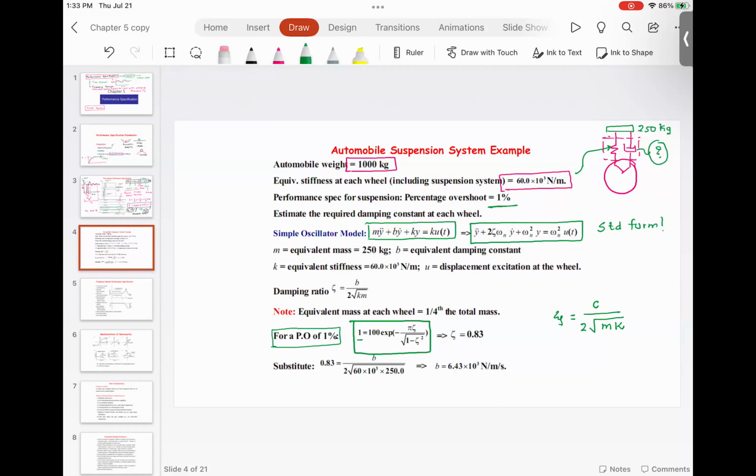Substitute 2, mass is 250, multiplied by 60 into 10 to the power 3, and then this is the value of C that you will get. Everyone understood this? So this is the simplest way of doing a time spec analysis.